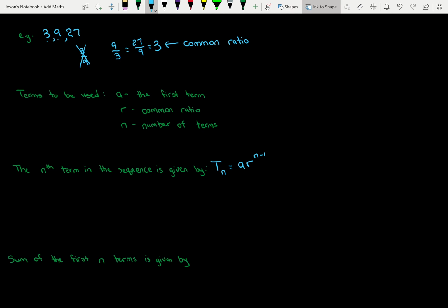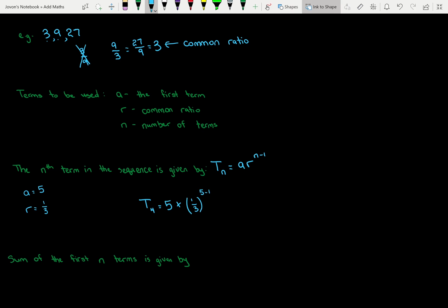Okay, so let's say I gave you a sequence in which the first term was 5 and the common ratio was 1/3. Let's say I told you to find the fourth term. Therefore all we have to do is T of 4 is equal to a, which is 5, multiplied by r, which is a third, to the power of n minus 1, so 4 minus 1.